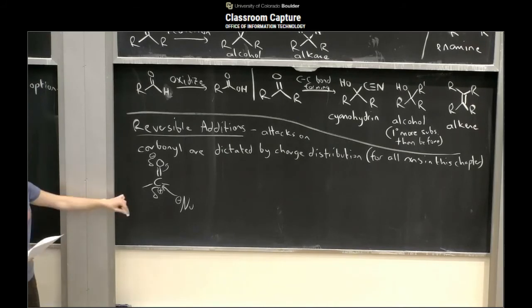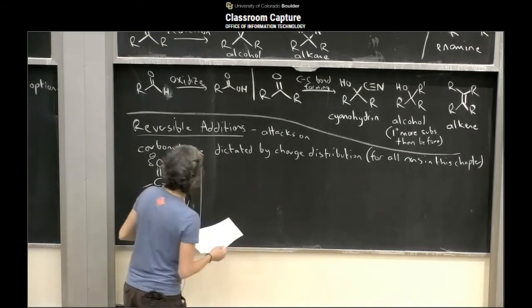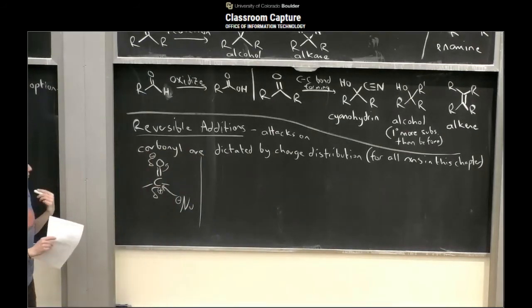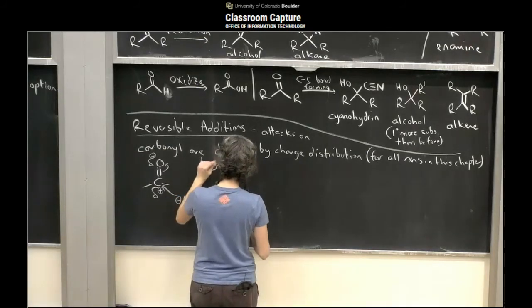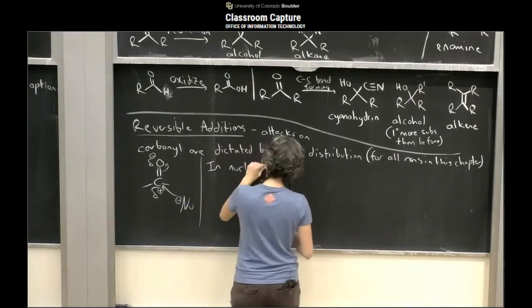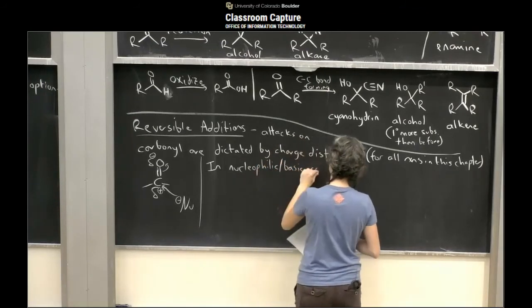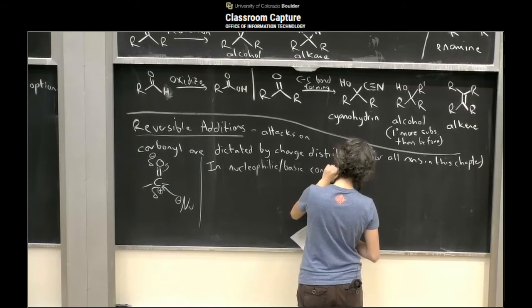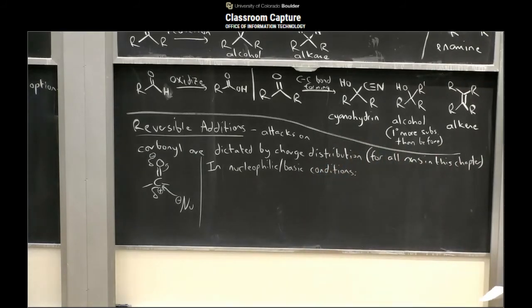Okay, so the reactions in this chapter, we can subdivide similar to how we did epoxide ring openings before. In nucleophilic, or in other words, basic conditions, the nucleophile is strong enough that it can go straight in for the base of the carbonyl as is.